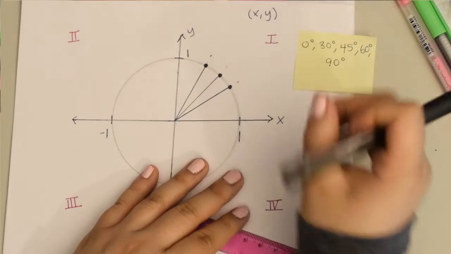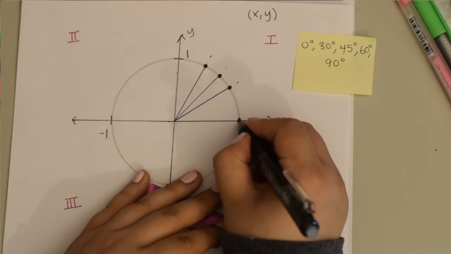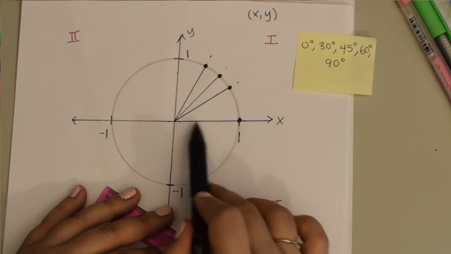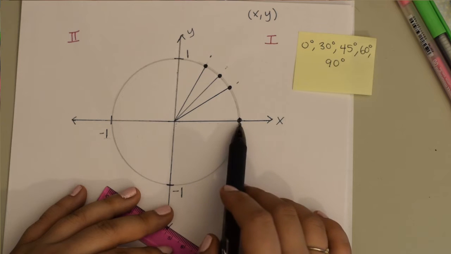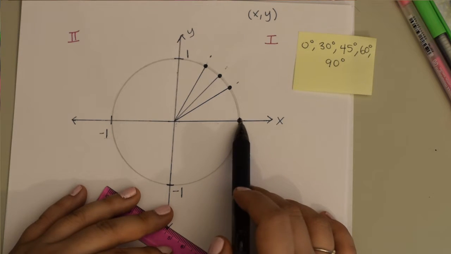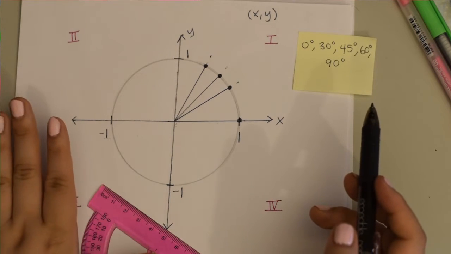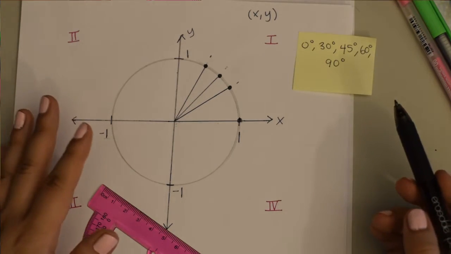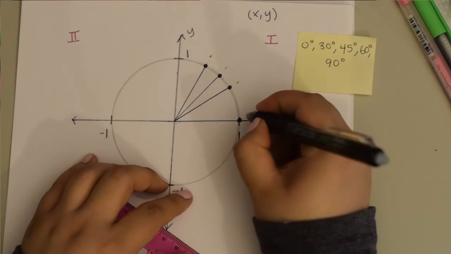So 0 degrees corresponds to 0 here, which is flat, just straight across like this, the positive x-axis, right? That point is associated with 0 degrees. And what are the coordinates of this point? We actually know it from the picture. If you remember how to plot points on the xy coordinate plane, this would be 1, 0, right?